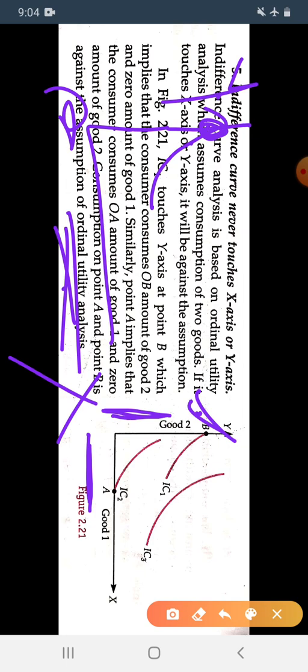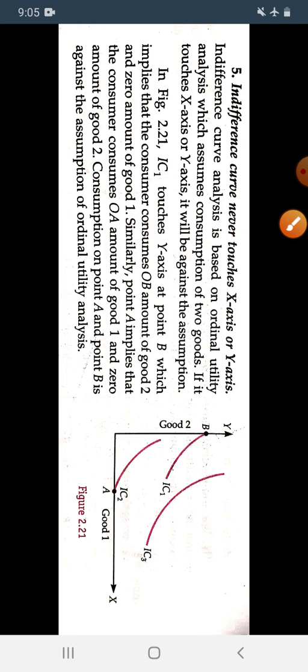So we can't say that it touches the x-axis or y-axis. Whenever it touches an axis, it means the consumer is consuming only one good and the other good is 0, which is against the assumption. The assumption is that the consumer will consume a combination of two goods, a bundle of goods, so the indifference curve will never touch the x-axis or the y-axis.